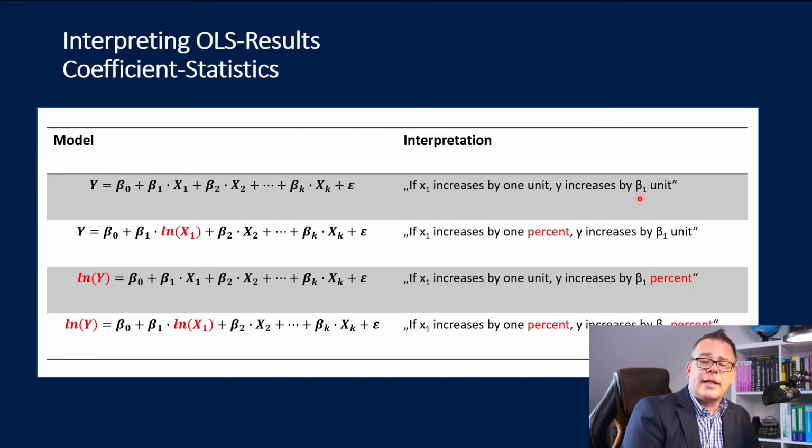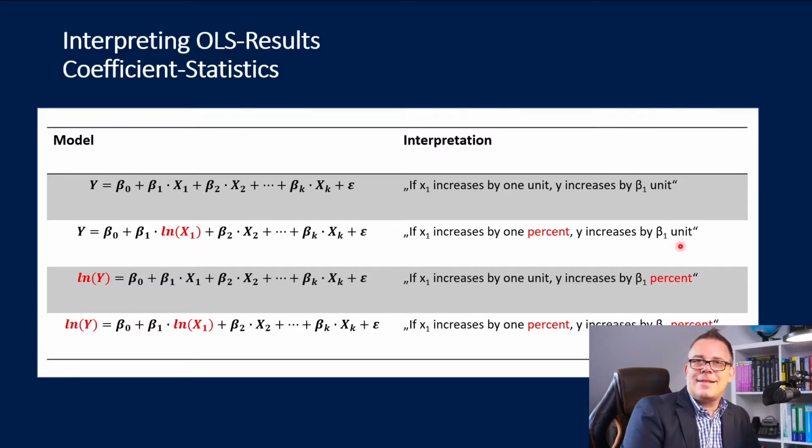I have highlighted all those points where I would like to point. So here x1 is log transformed. The natural logarithm has been taken, maybe because x1 is not so well distributed. Now the interpretation becomes a bit different. If x1 increases by 1%, epsilon increases by beta 1 unit.